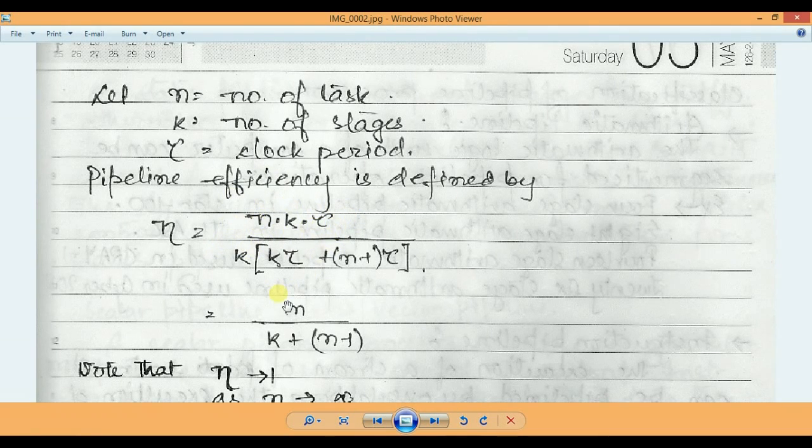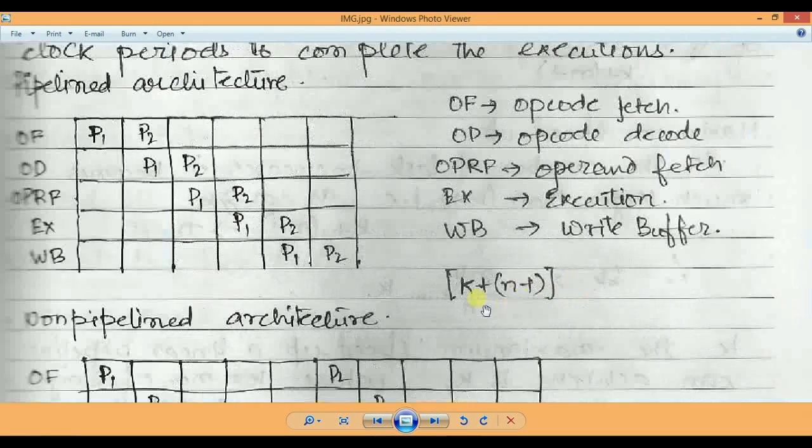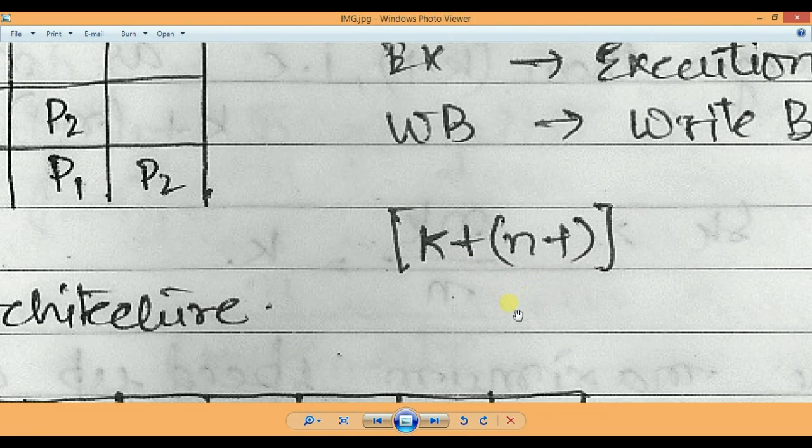Now the pipeline architecture is k plus n minus 1, and this total is multiplied by tau. Look here, the number of clock periods is k plus n minus 1, and one clock period takes tau amount of time, so this total into tau gives the total time taken.